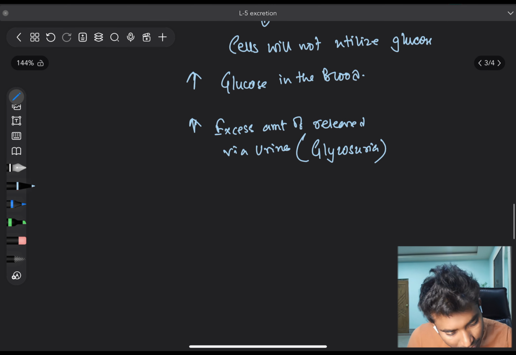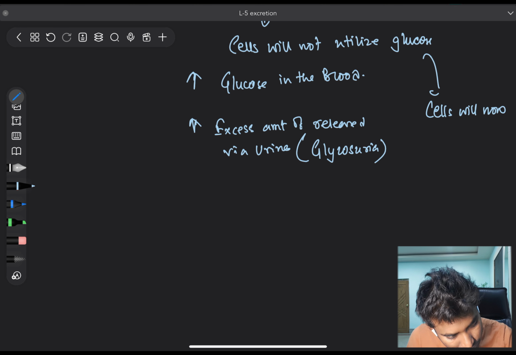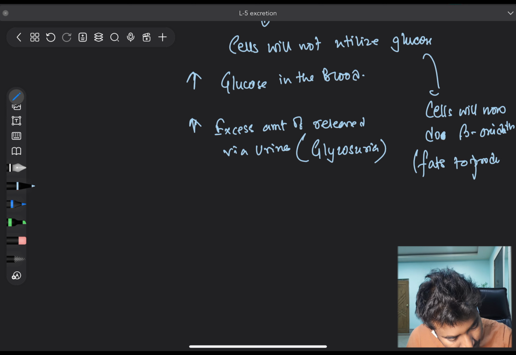Okay. So here what will happen? Cells now do beta oxidation, that is fats, to produce energy.